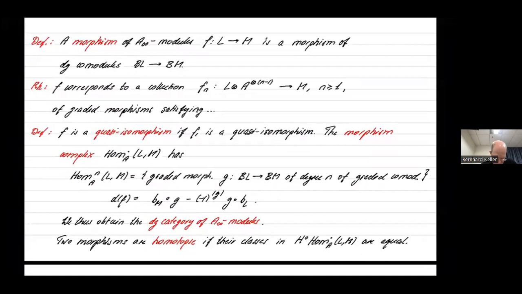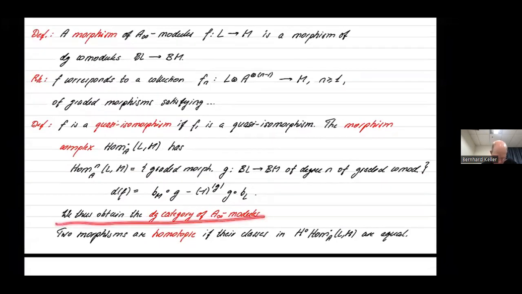And in this way, yes, using these complexes of morphisms, we obtain a DG category of A-infinity modules in the sense of Professor Chen's lectures yesterday. Two morphisms are homotopic if their classes in H^0 are equal.